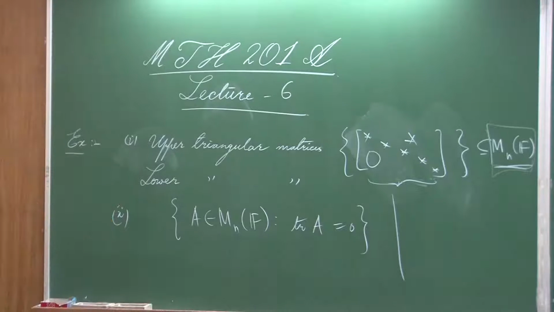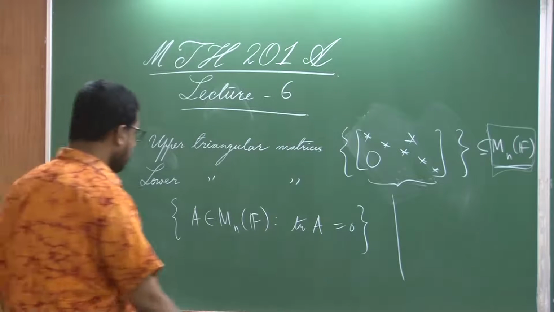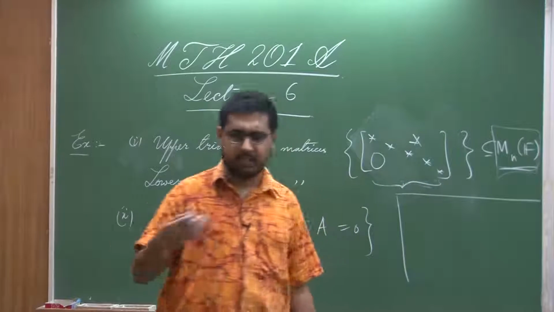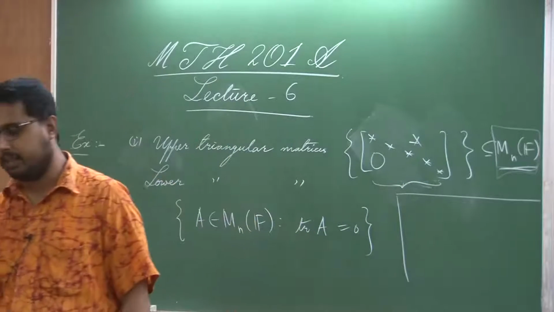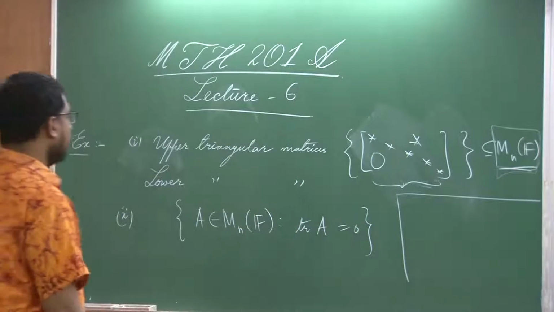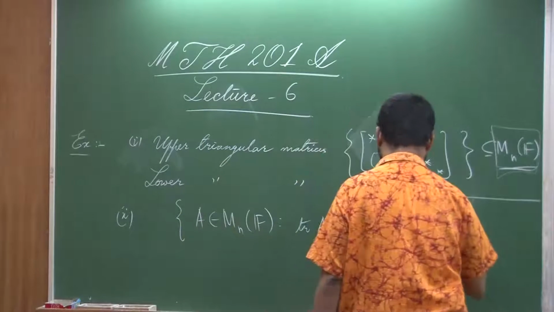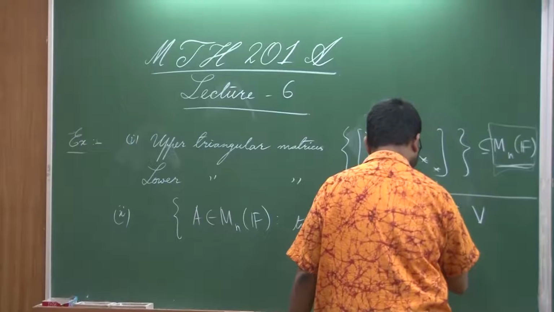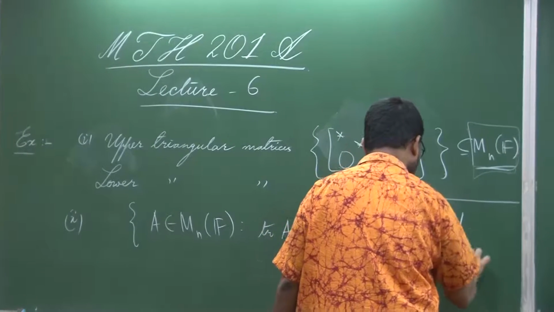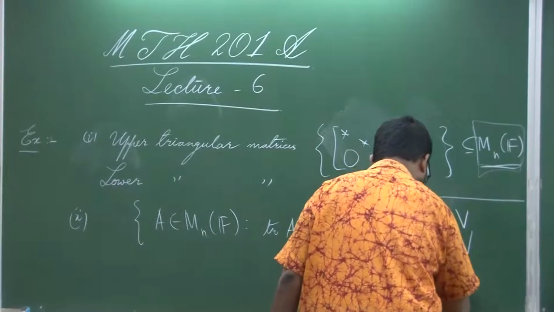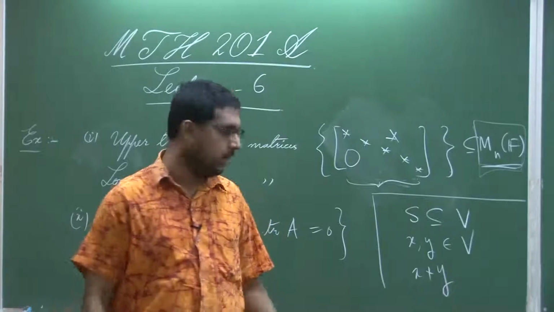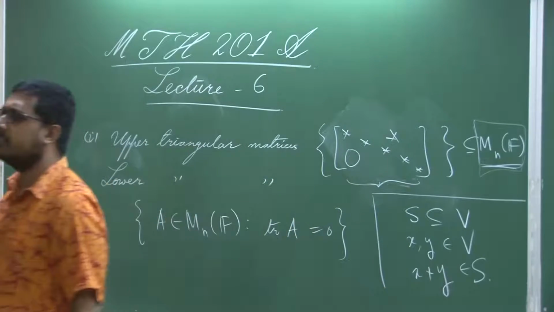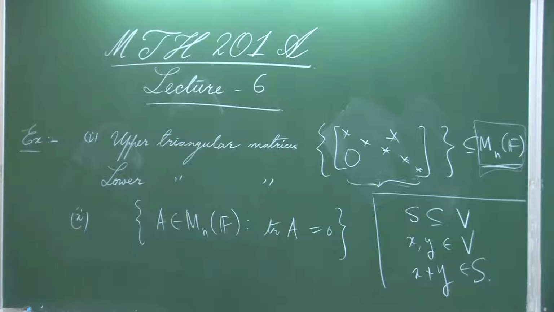Since we are using it several times, we have used it several times already, let us fix a terminology. So if it happens that S is a subset of a vector space, and for two elements x and y appearing in S, the x plus y, so this plus is from the vector space V, lies in S, then we will call S closed under addition, okay.